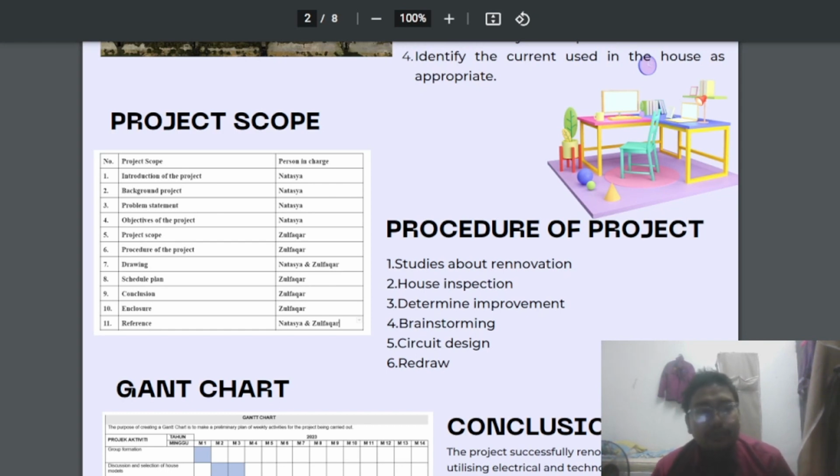Background project, problem statement, and objective of the project all belong to Natasya. Project scope, procedure of the project belongs to me. Drawing, both of us. Schedule plan, me. Conclusion and enclosure, me. And finally, resources, both of us.